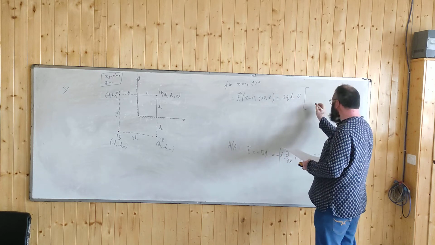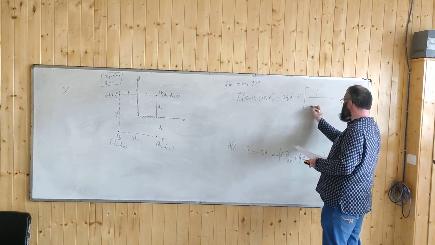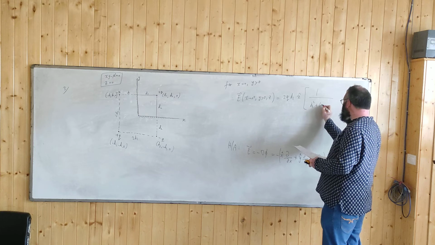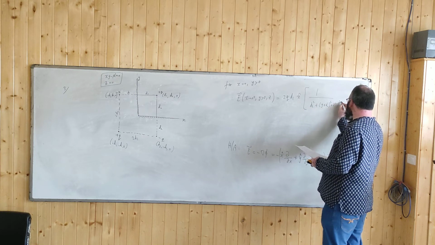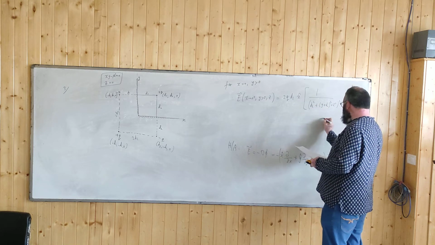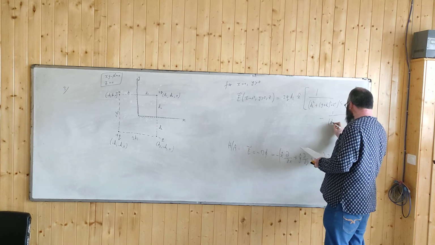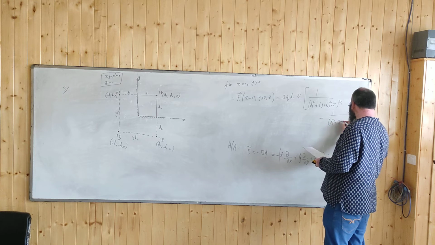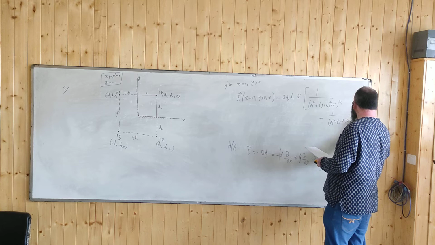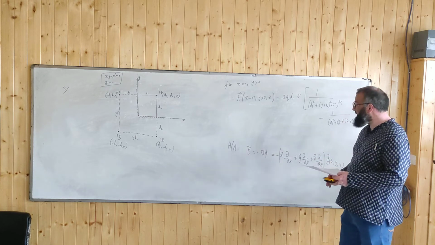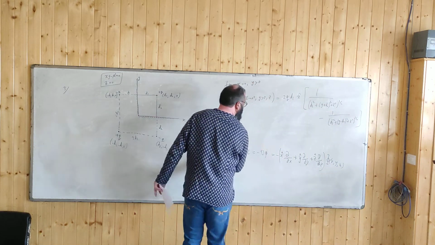I think it should not be too difficult for you people. So it will be simply 1 divided by (d1 square plus (y plus d2) square plus z square) raised to power 3 by 2, minus 1 divided by (d1 square plus (y minus d2) square plus z square) raised to power 3 by 2.